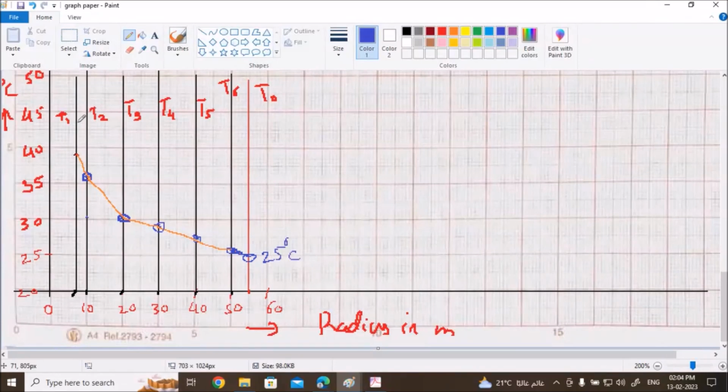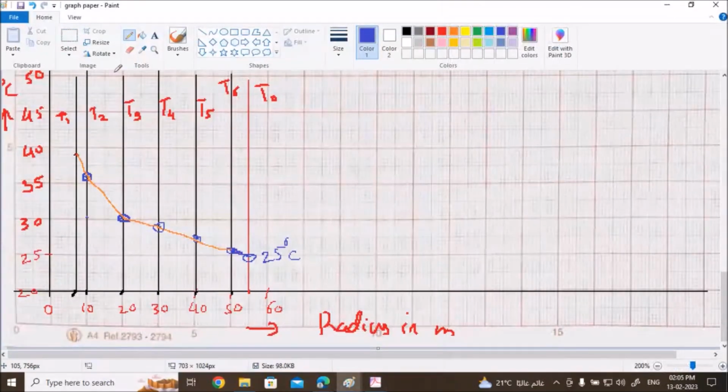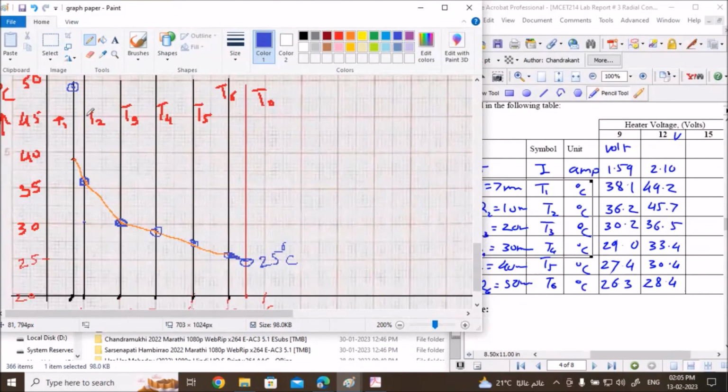Okay. Similarly draw for 12 volt. The 49.2. So 45, 49 means two lines less near about here. Okay. T2 is 45. So it is here.